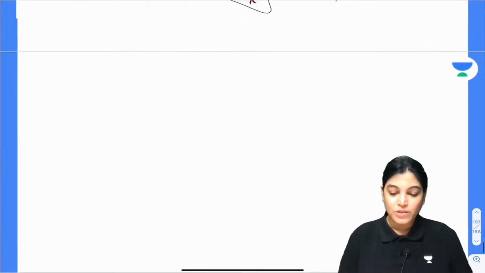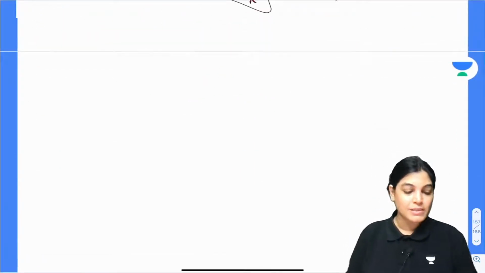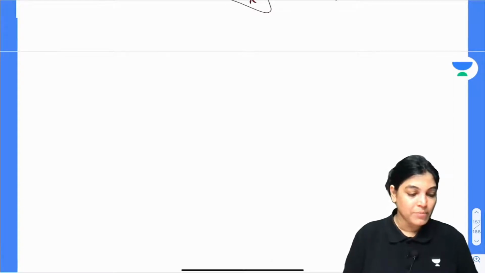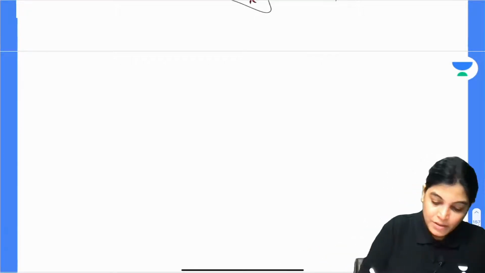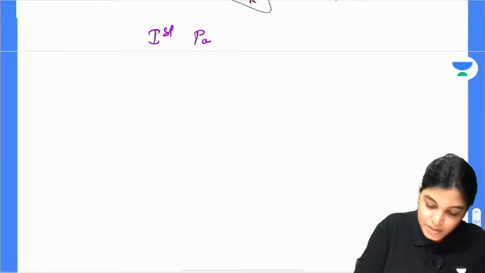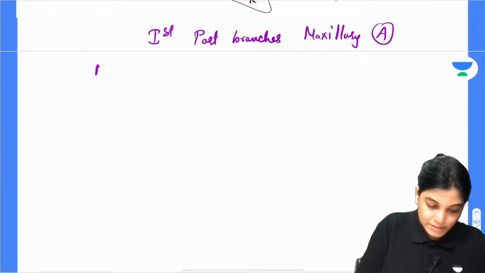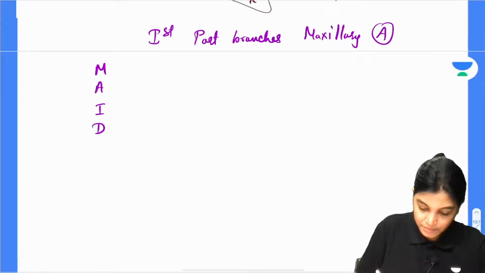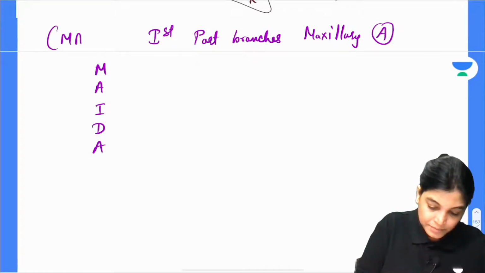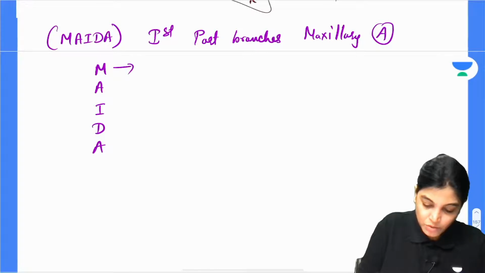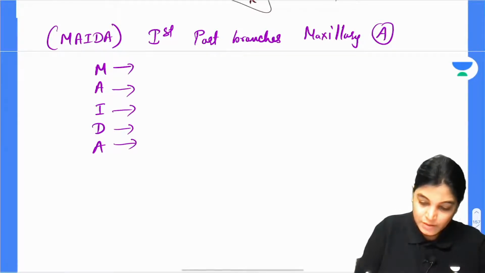My dear aspirants, the branches of the first, second and third parts can be memorized by a mnemonic. For the first part branches of the maxillary artery, the mnemonic is Maida, the white flour used for cooking.